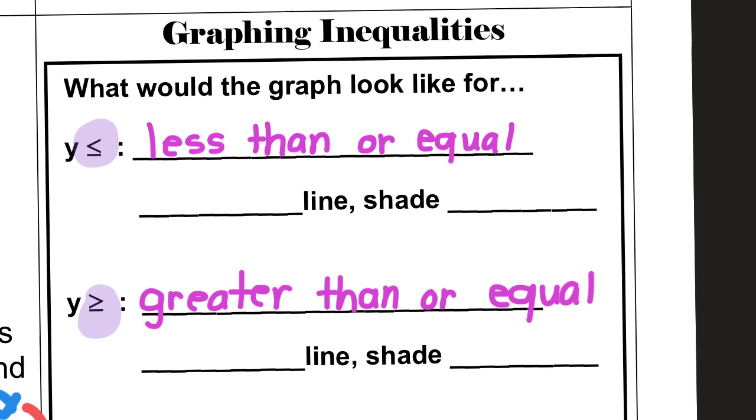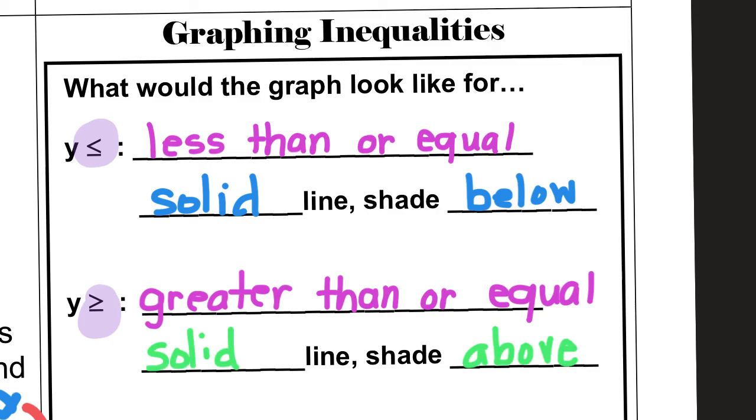Less than or equal to would have a solid line that's shaded below, while greater than or equal to would have a solid line because of the or equal to, and it would be shaded above.